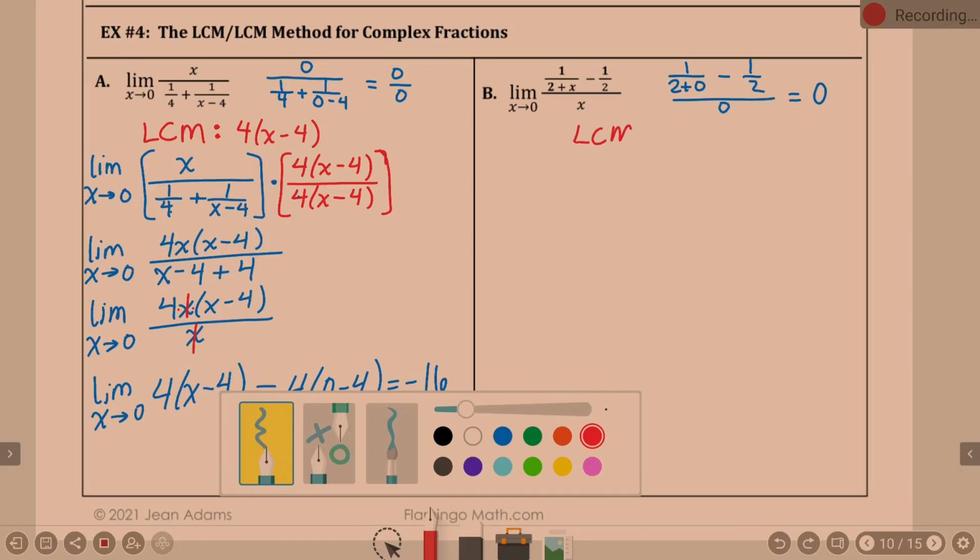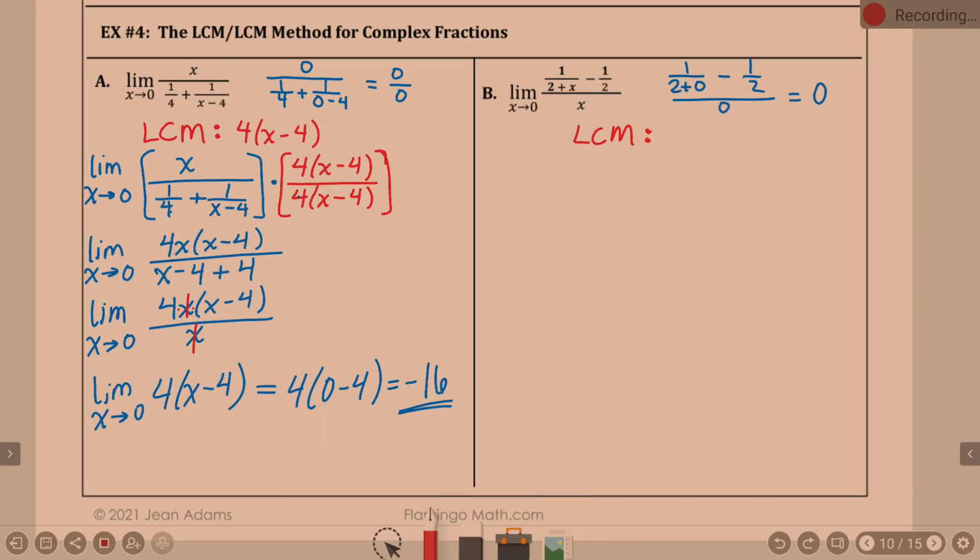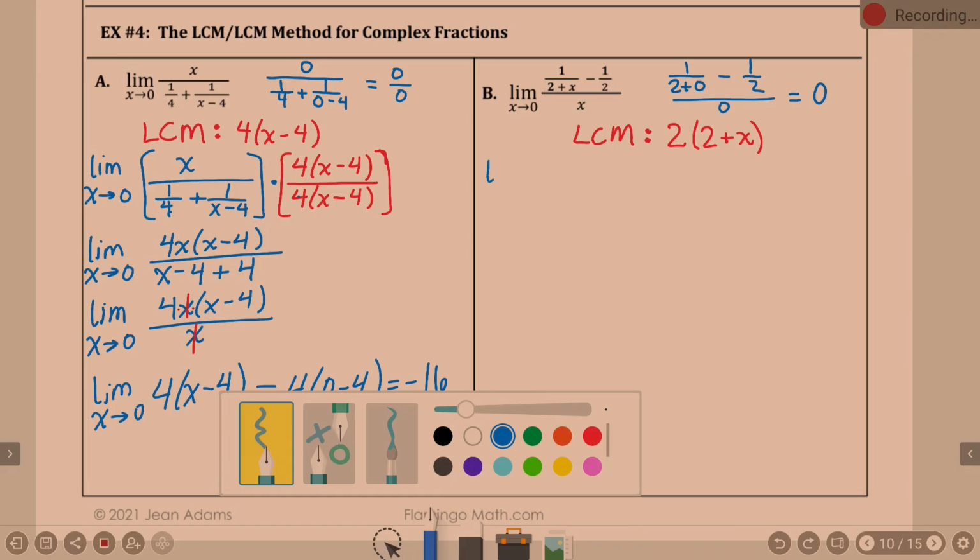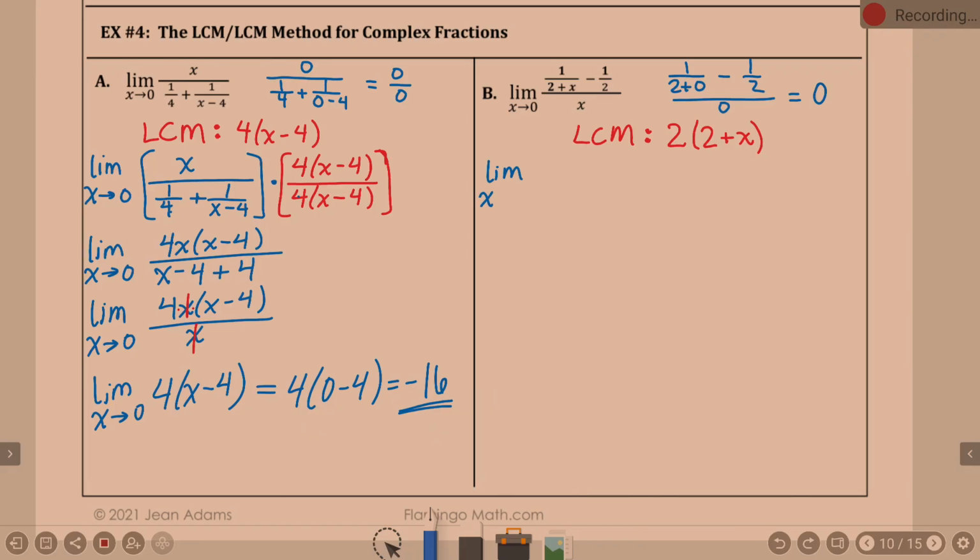What kind of least common multiple am I going to want to multiply by here? Just 2 times 2 plus x. Okay. Yeah. So, let's do it. The limit as x approaches 0 of 1 over 2 plus x minus 1 over 2 all over x.